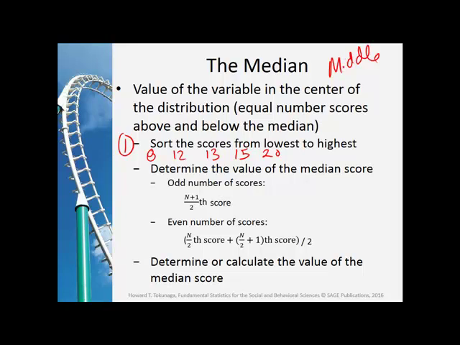So when you have a data set with 5 values, 5 is an odd number. The way to find which data point it is, you take n equals the number of observations. I have 5, plus 1, and divide by 2.